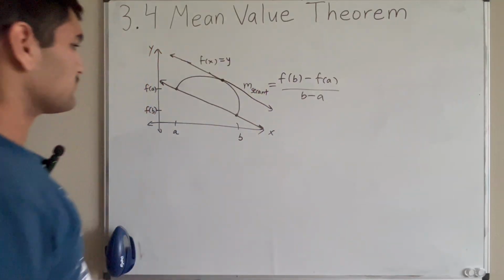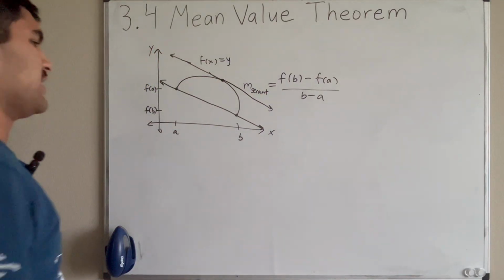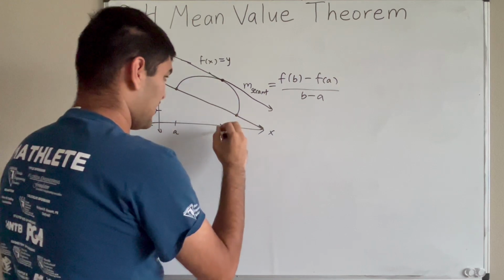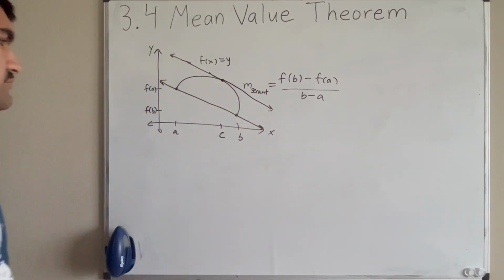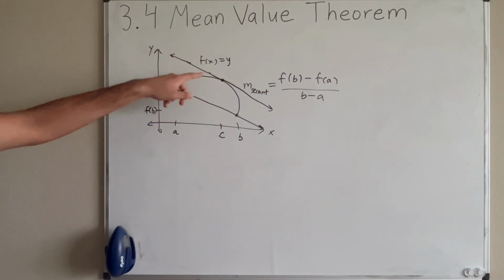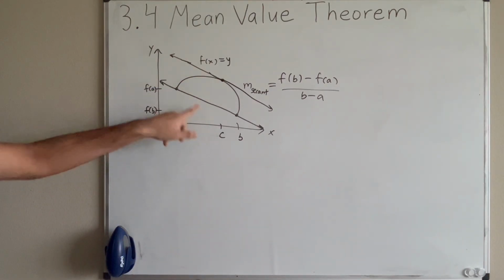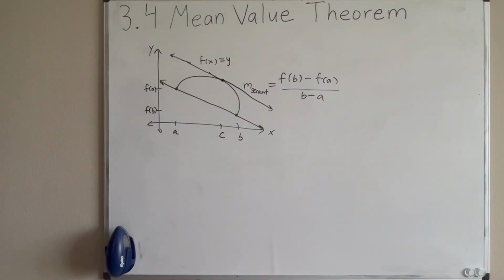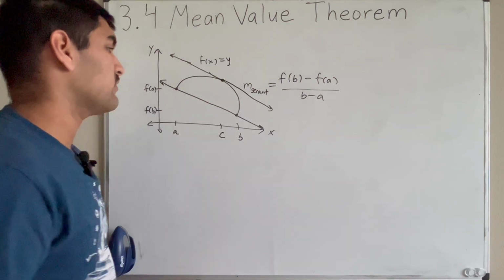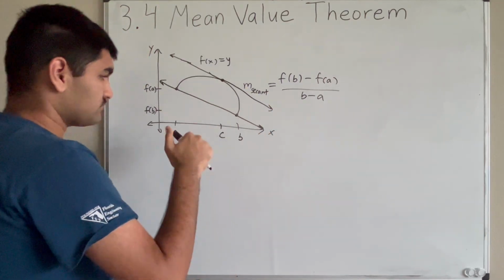So that's the tangent line at this point, and I'll call this point x equals c. But it seems as if this tangent line to the graph at c is parallel to the secant line, and so that would mean that they have the same slope.